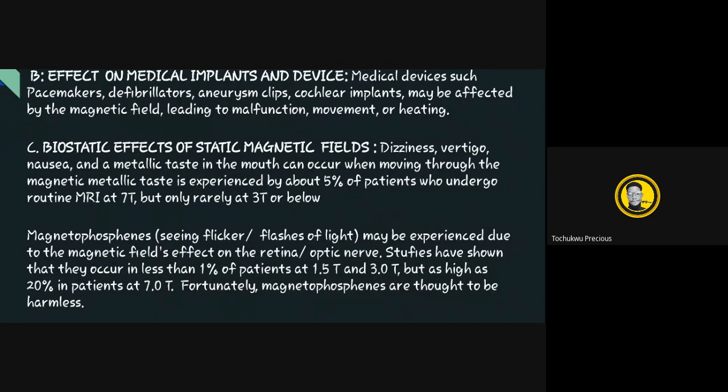This biostatic effect of the static magnetic field is most times related to the type of machine. For 5% of patients who have gone through an MRI procedure with the 7 Tesla machine, they have experienced this metallic taste, but only rarely among machines that are 3 Tesla and below.